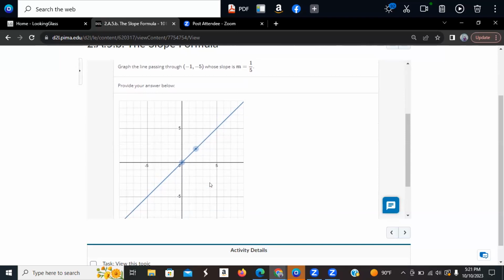So here's what I want you to do. I want you to put a point where -1, comma -5 is. So that's left 1 and then down 5. So click and hold that. Yeah, go left 1, then down 5.